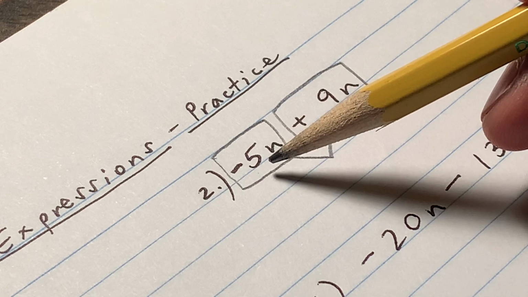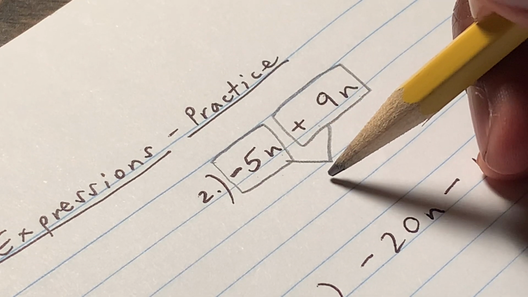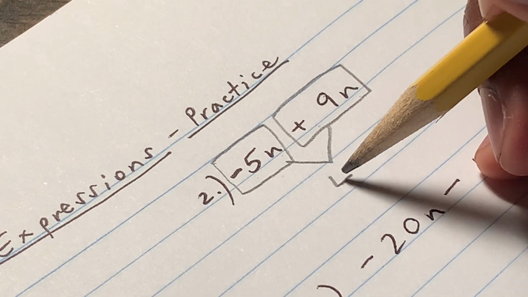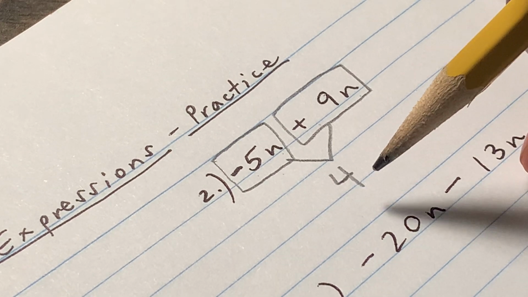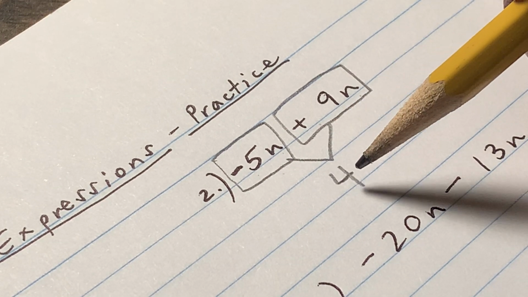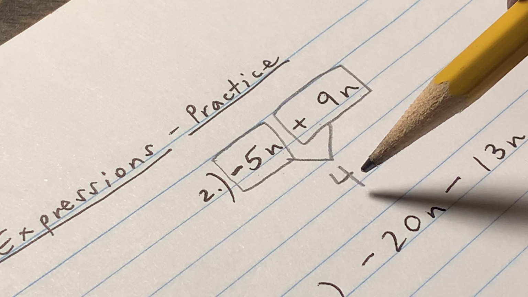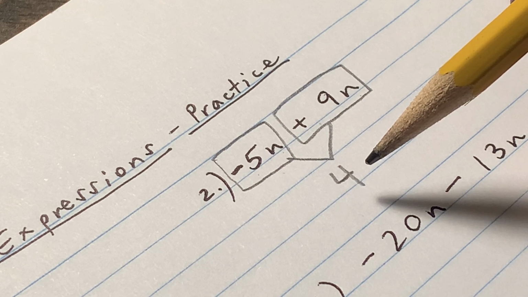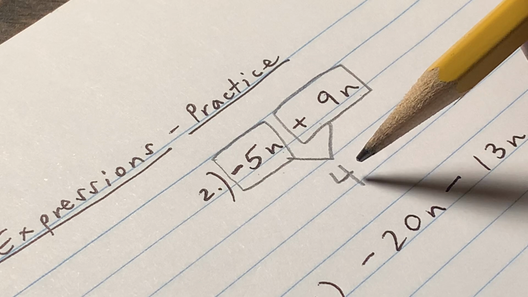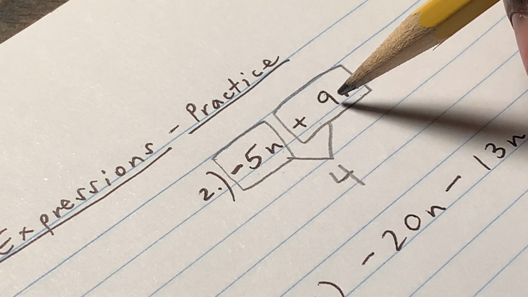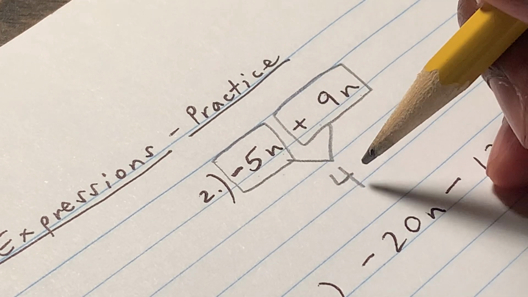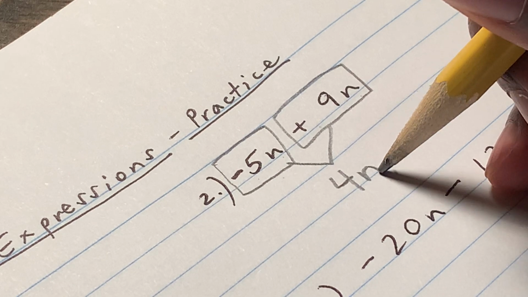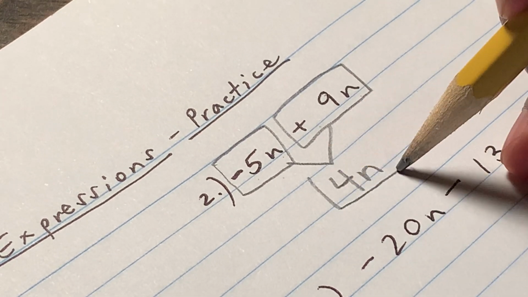So I pay the $5 and I'm still left with what? $4? Now, question, is that $4 in debt, or is that $4 that you have left over in your pocket? If you say it's $4 that you have left over, then you are correct, because you had more money than you owed. Don't forget to keep the variable n. Positive 4n is the answer.